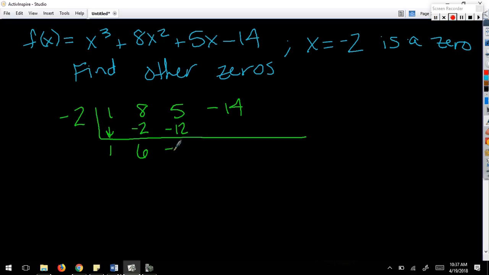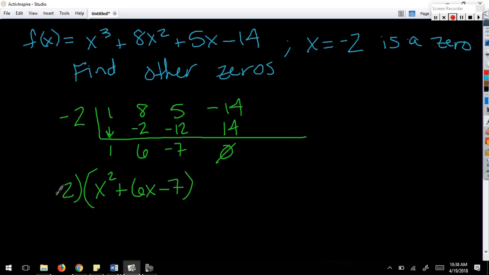Multiply it. Add it. So interpret it. 1x squared plus 6x minus 7. Remember, we changed the sign on that first one.